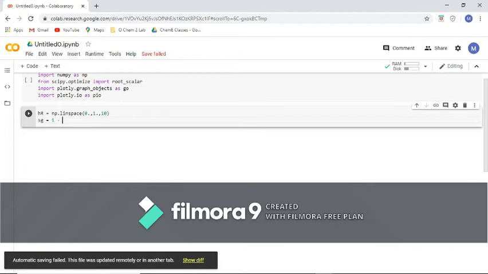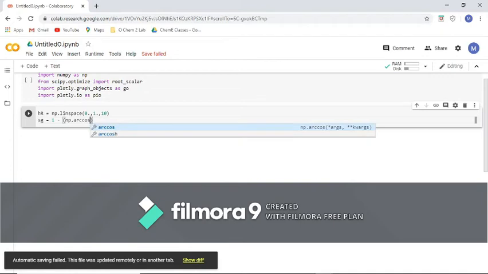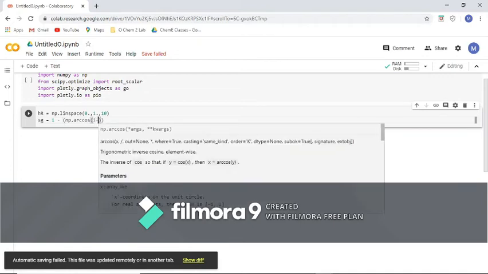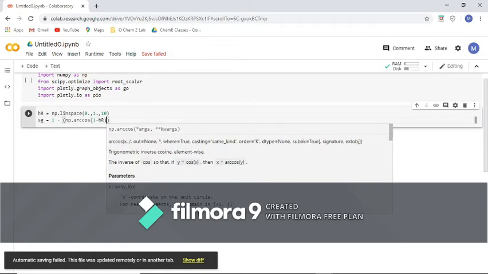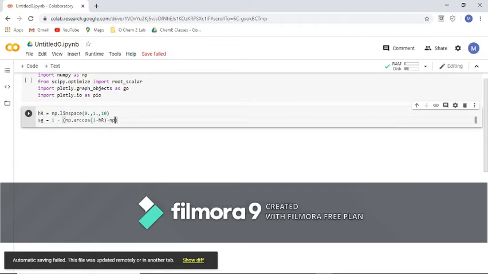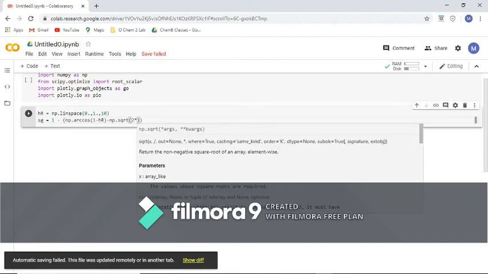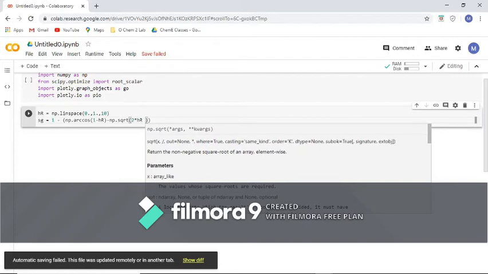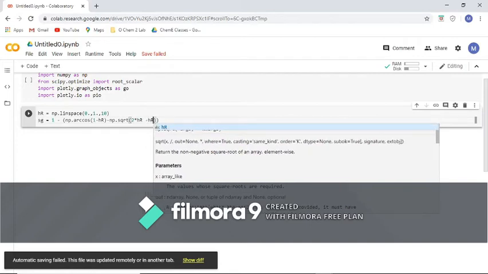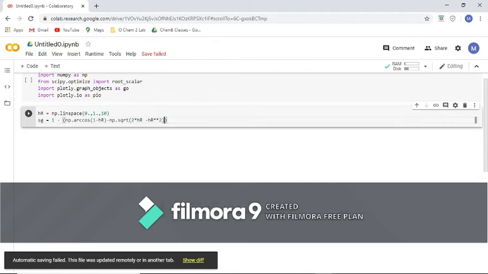So 1 minus parentheses np.arccos, which gives us the arc cosine that we need, 1 minus hr, close the parenthesis, minus np.sqrt, which gives us the square root of 2 times hr minus hr, the double asterisk will make it squared, close the parenthesis, multiply that by 1 minus hr, close the parenthesis, and then we're going to divide that by pi.